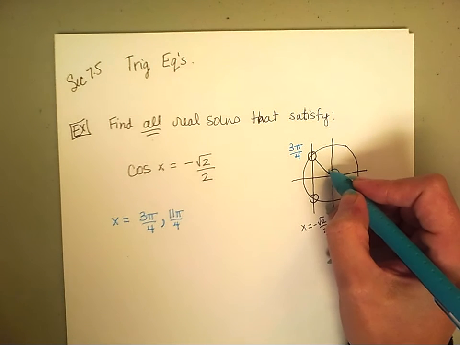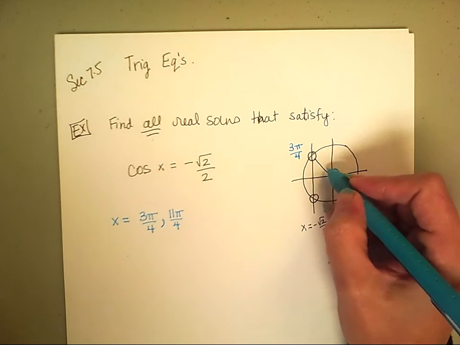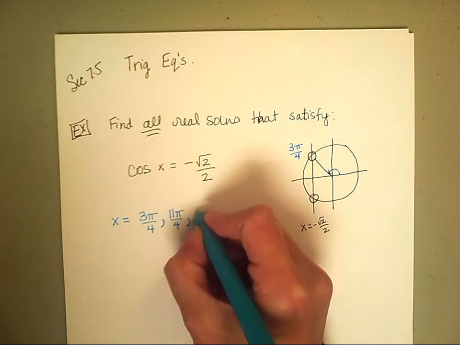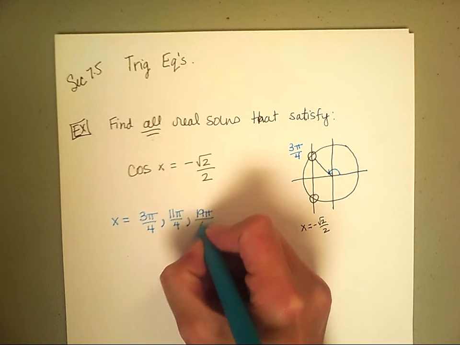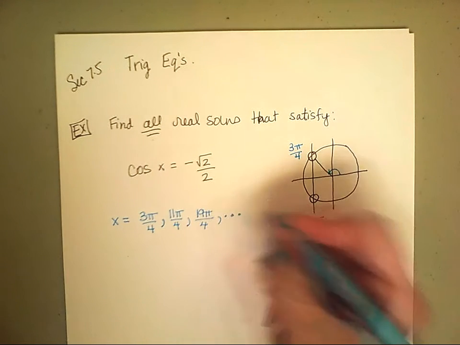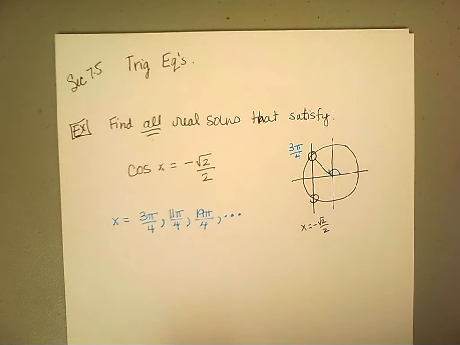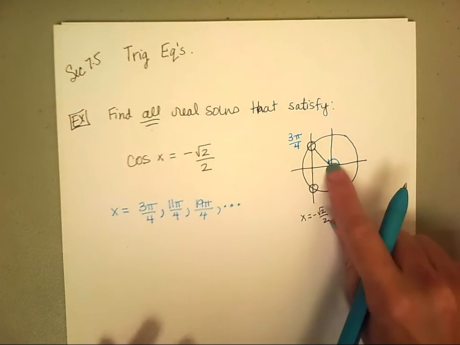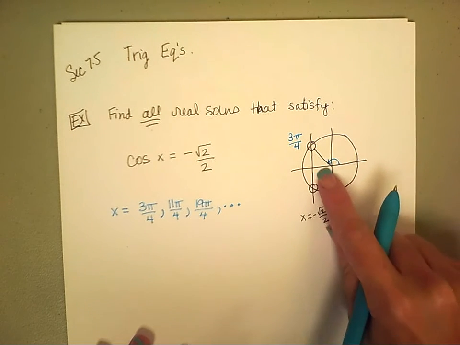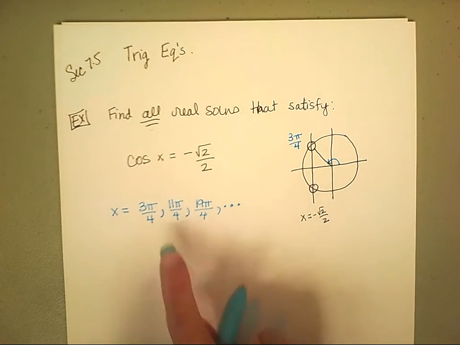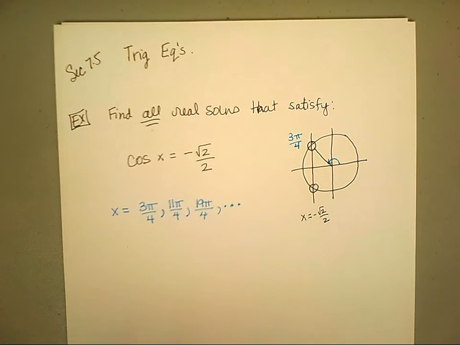That's a coterminal angle. And any multiples of these loops, like another loop would be 19 pi over 4. And this would just go on infinitely. There's no way for me to possibly write down what all of these answers are. Also notice that any negative coterminal loop would satisfy that as well.